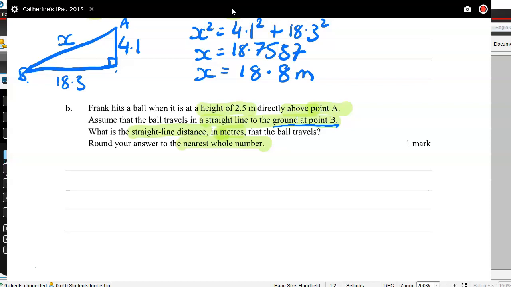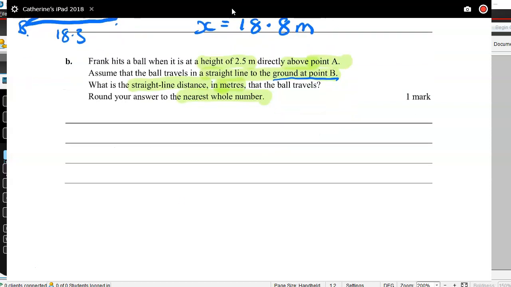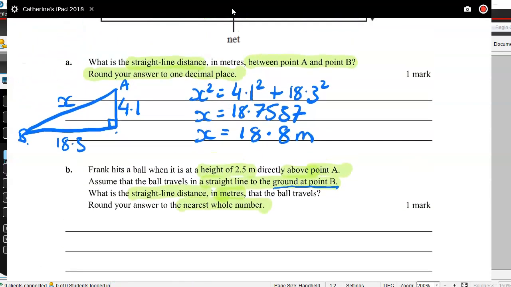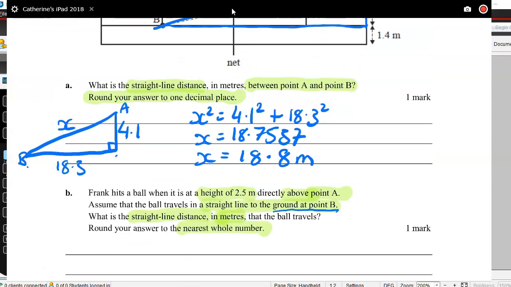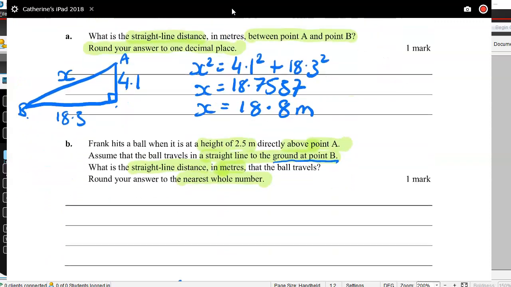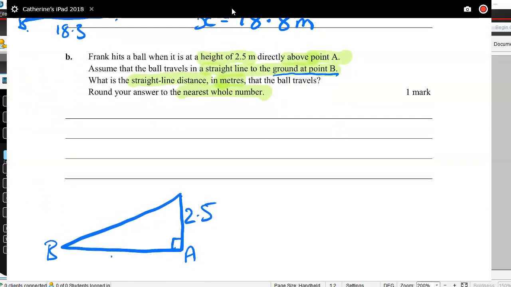Okay, so again, let's draw a little diagram of the situation. We have 2.5 meters, that's the height. There's point B, point A, and from A to B is 18.8.